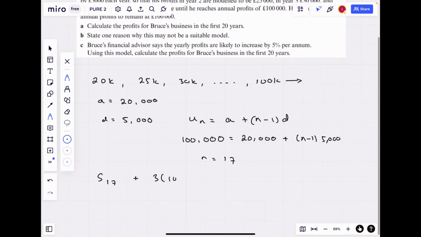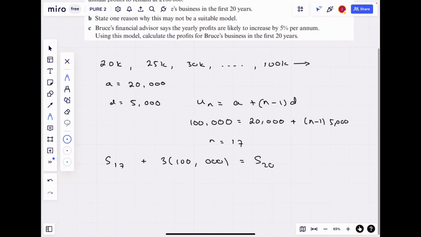So 3 times 100,000. This gives the sum to 20 years. Okay, to work out S17, we're going to do n over 2 times 2a plus n minus 1 d.